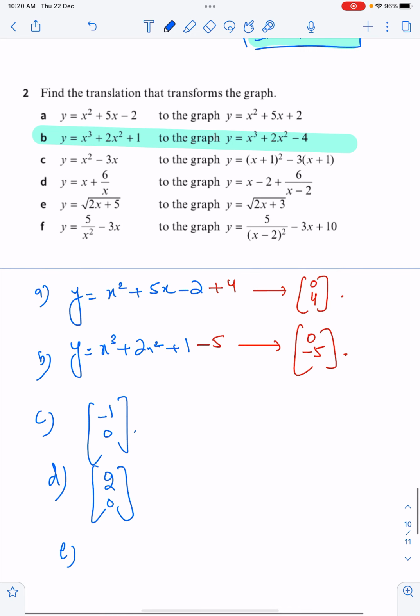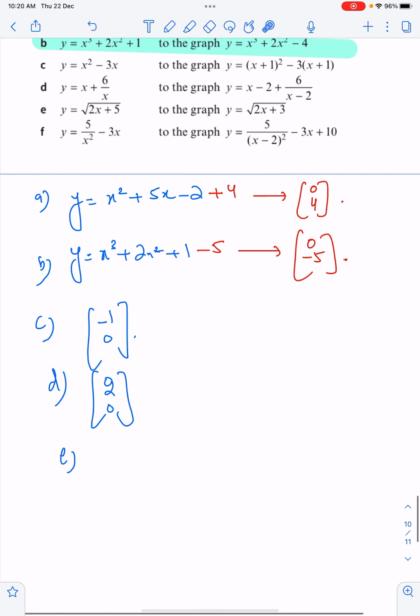Okay, the E part, it is square root of 2x plus 5 and now it is 2x plus 3. So y equals square root of 2x plus 5.